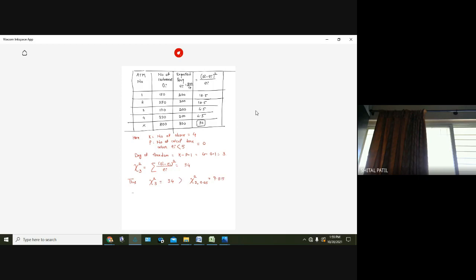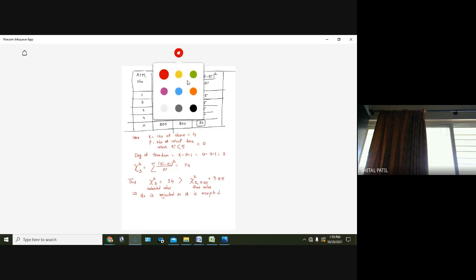So what is the conclusion? This is the calculated value and this is the given value. The given value is smaller. So H naught is rejected, so H1 is accepted. Understood, everyone?